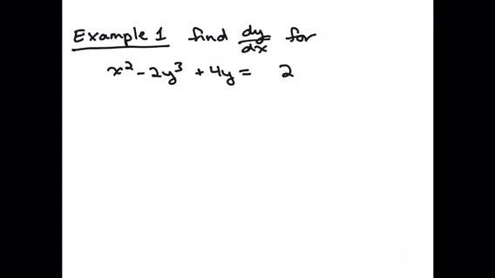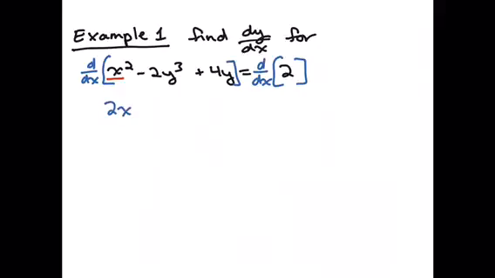So let's see what an example of this looks like. Okay, so if I want to take the derivative of this equation that is defined implicitly, I cannot solve for y by itself, I'm going to take the derivative of both sides with respect to x. On the left-hand side, when I take the derivative of x squared, that's just the way we're used to doing it. We're going to get a 2x.